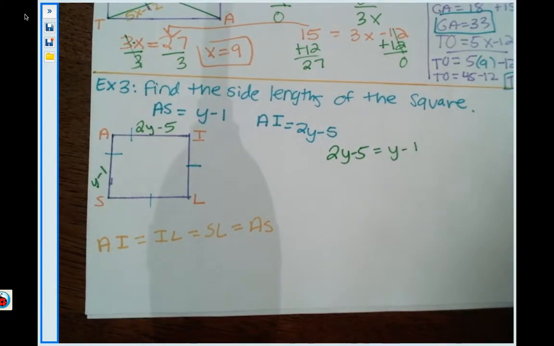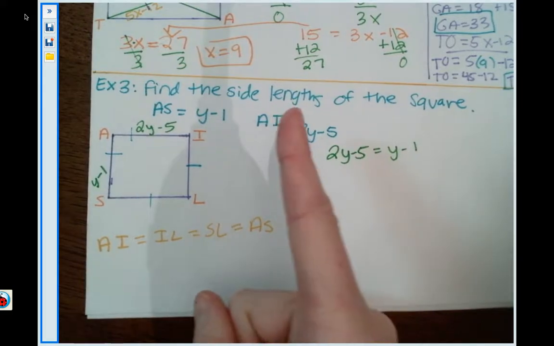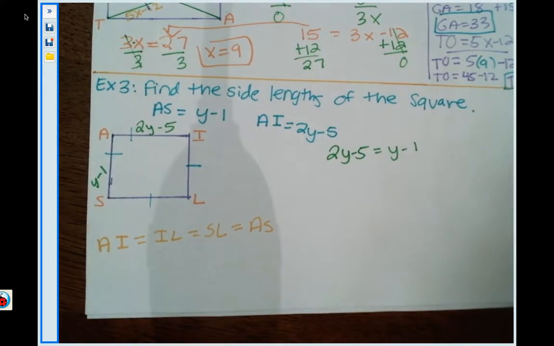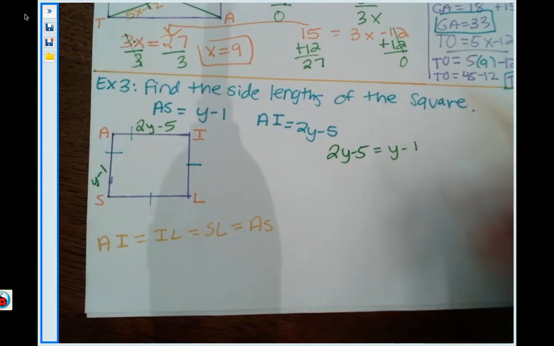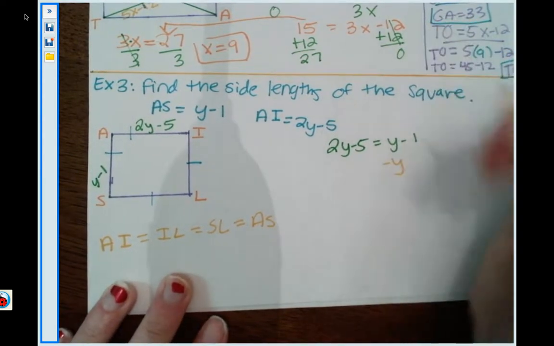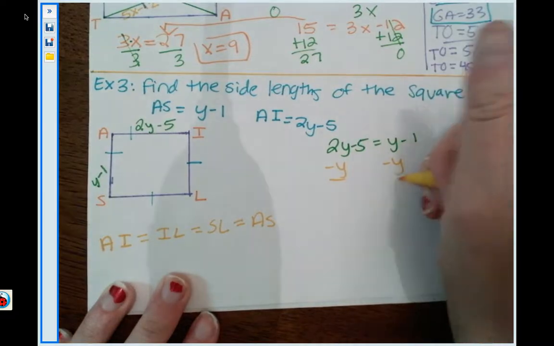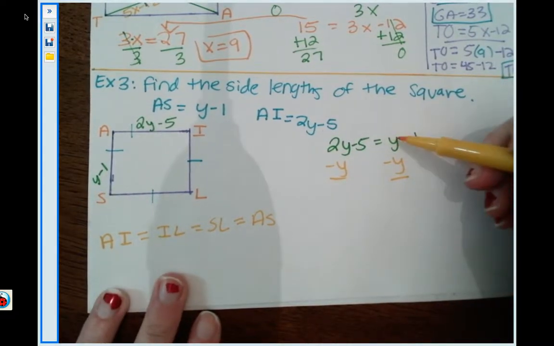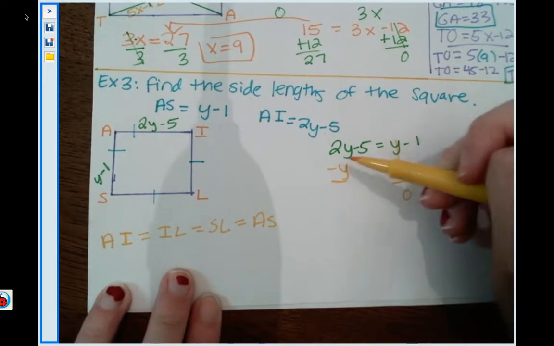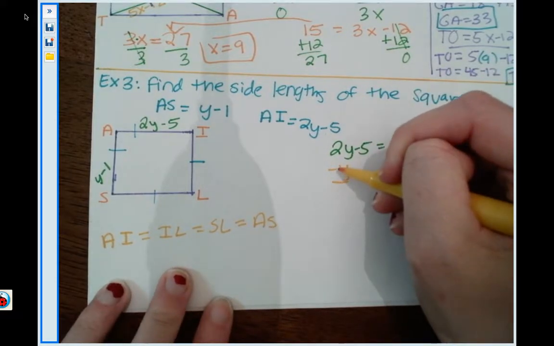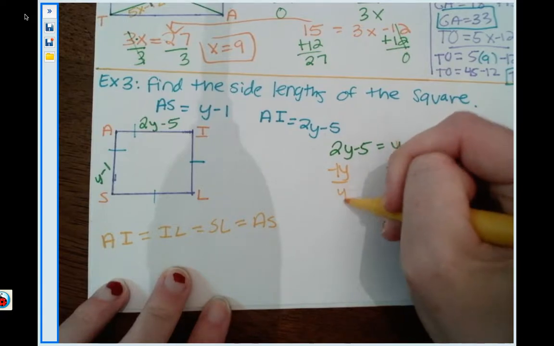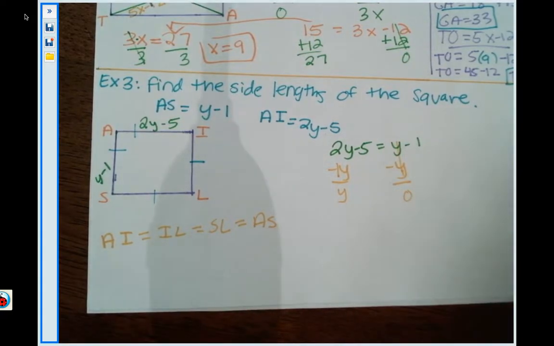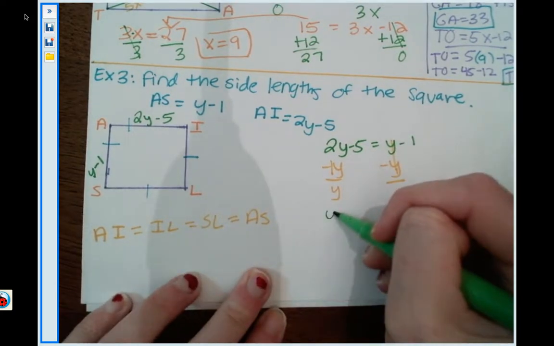So let's start solving this for y. The first thing, we need to bring our y's together. The way I'm going to bring y to the other side, since it's positive, is to subtract it on both sides. y minus y cancels and turns to 0, and 2y minus y, which is secretly a 1y, gives me just y. Now we have y minus 5 equals negative 1.